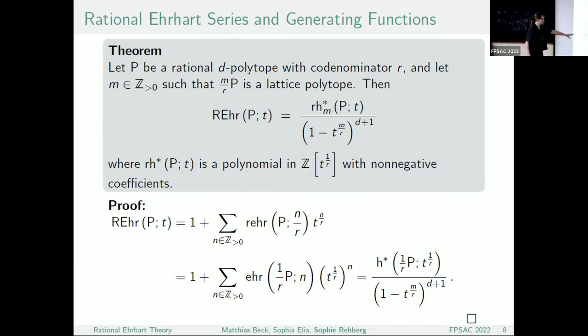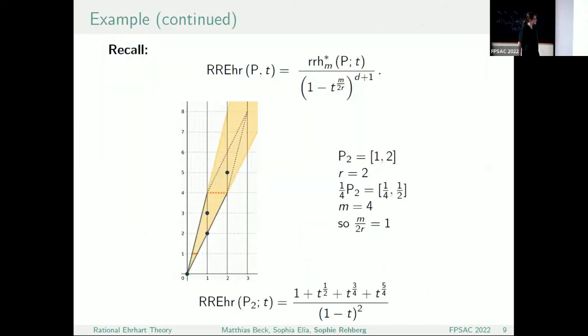And that's how we can compute the rational H star, as we will see in this example. What we do is we compute the Ehrhart series for 1 over 2r of the polytope. In this case, r is 2, so 1 over 2r is 1/4. We shrink the polytope by 1/4, embed it at height 1, and then look at the cone over it.